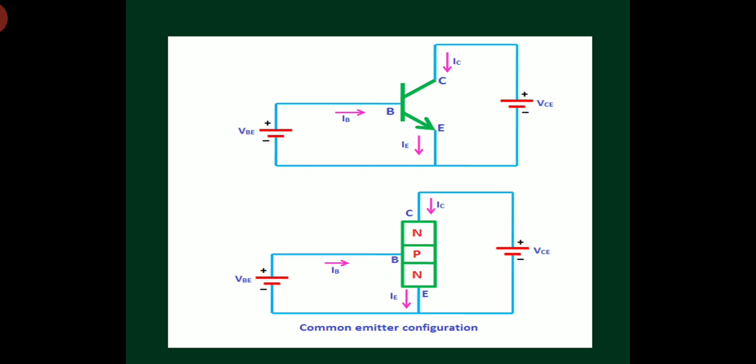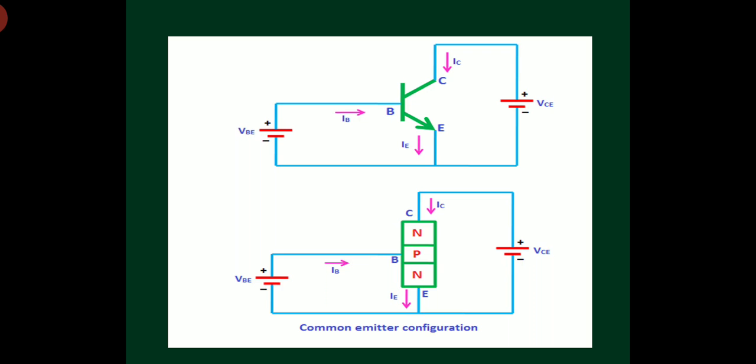Input junction is also called junction JE, and output junction is called junction JC. JE is formed between highly doped emitter and lightly doped base, whereas JC is formed between lightly doped base region and moderately doped collector region.